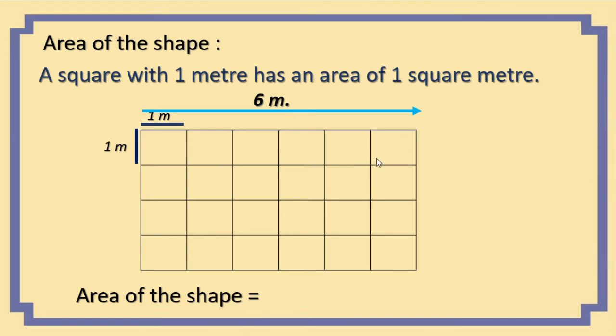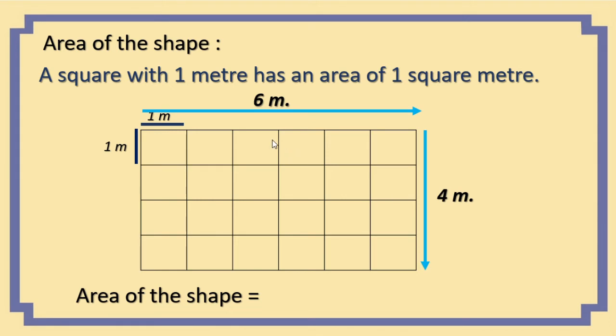Got this? Now we will see the breadth or width. See, this is width. How many squares are there? 1, 2, 3, 4. So it is nothing but 4 meter. Got this, children? I have only counted the number of squares. This is called length and this is width or breadth.